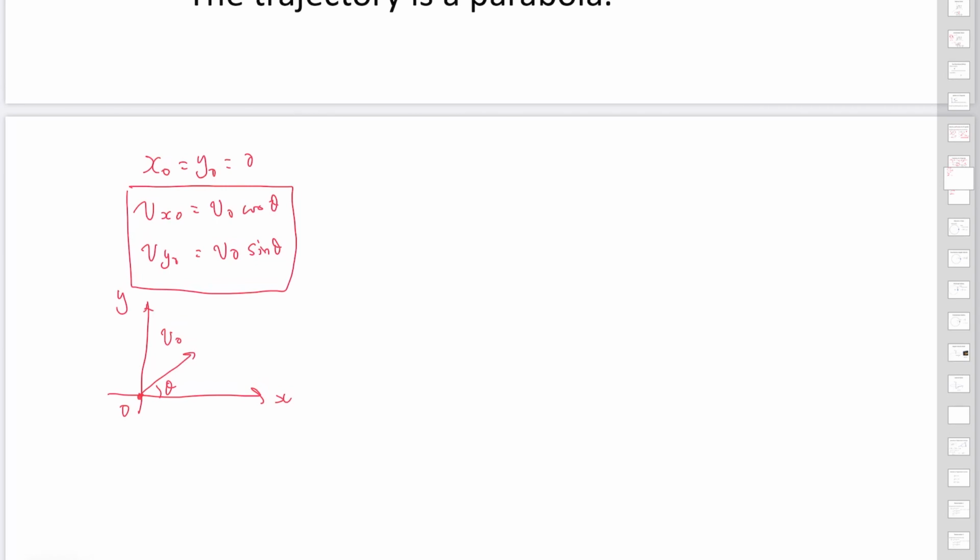Using this expression, the trajectory is expressed as y equals minus g over 2 v sub 0 squared cosine squared theta times x minus v sub 0 squared sine 2 theta over 2g, squared, plus v sub 0 squared sine squared theta over 2g.